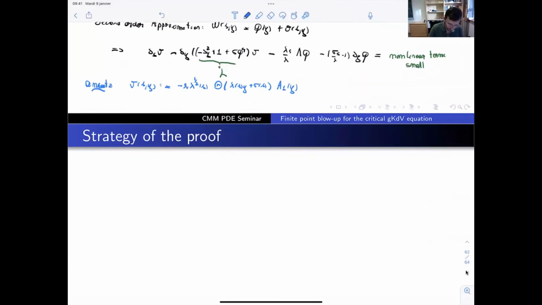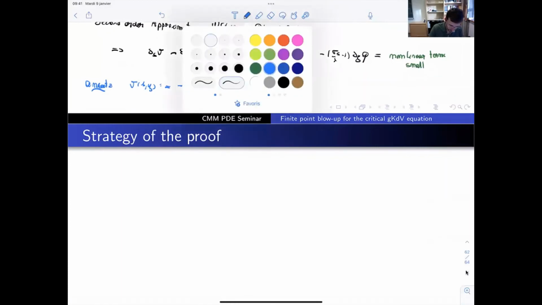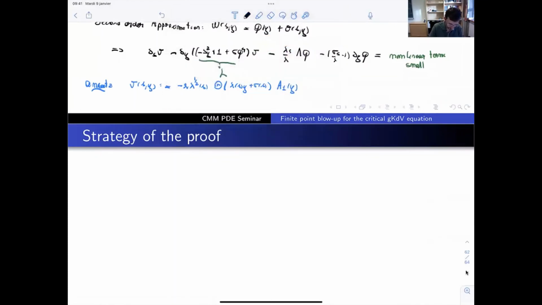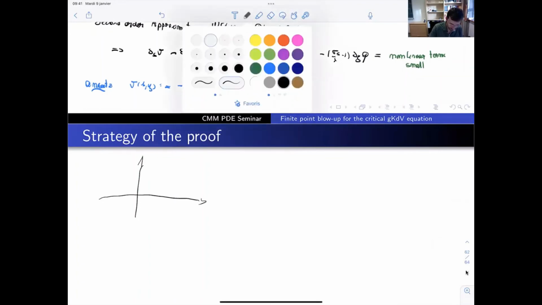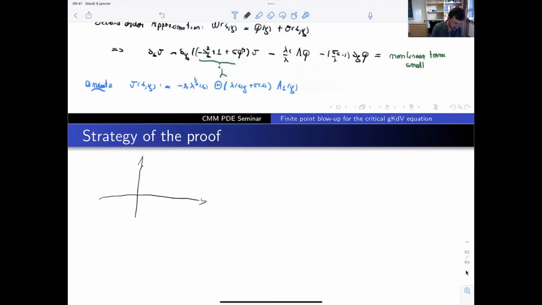So first, A1. A1 is an odd function. It has fixed limits at minus and at plus infinity.